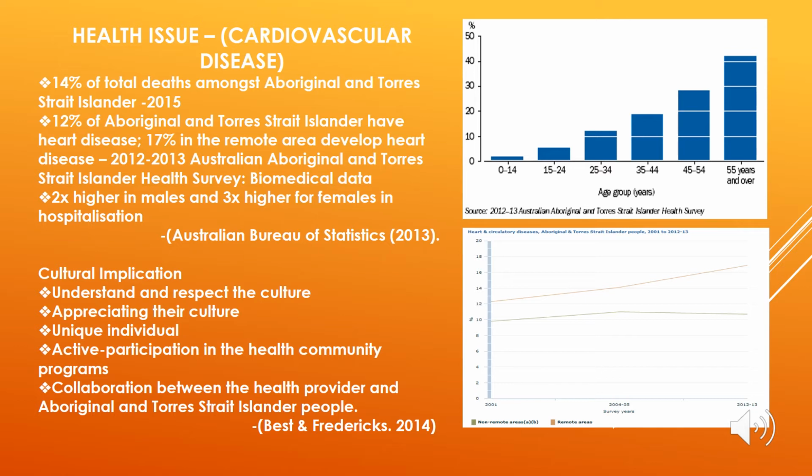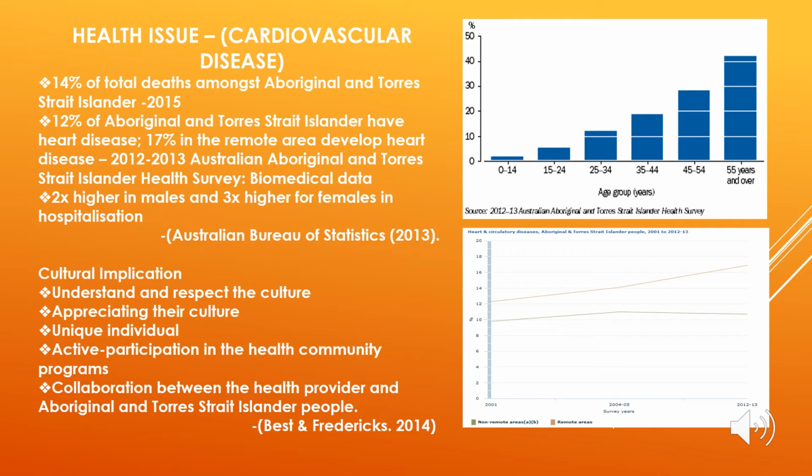In the 2012 to 2013 Australian Aboriginal and Torres Strait Islander Health Survey biomedical data, about 12% of Aboriginal and Torres Strait Islander people have heart disease, and 17% in remote areas develop heart disease at a younger age. The incidence of acquiring heart disease is twice as high in males and twice as high for females when it comes to hospitalization. What are the cultural implications of this?